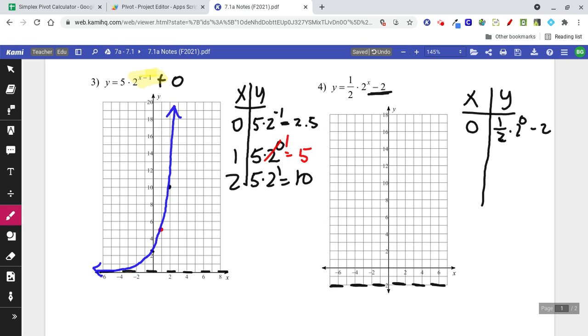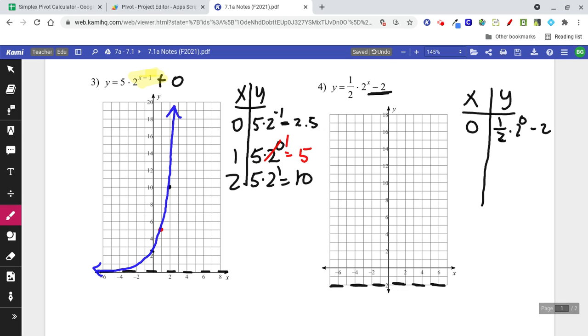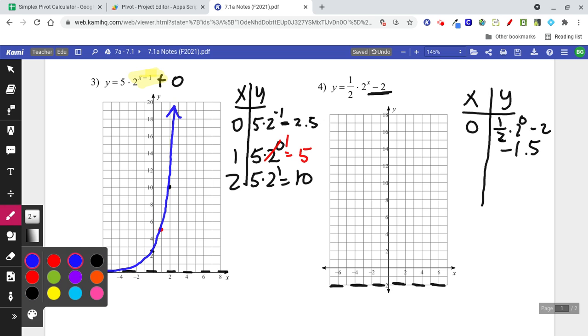If you need a calculator for that, make sure you put your 1/2 in parentheses. 1/2 times 2 to the 0 minus 2 is negative 1.5. So 0, negative 1.5 is right there.